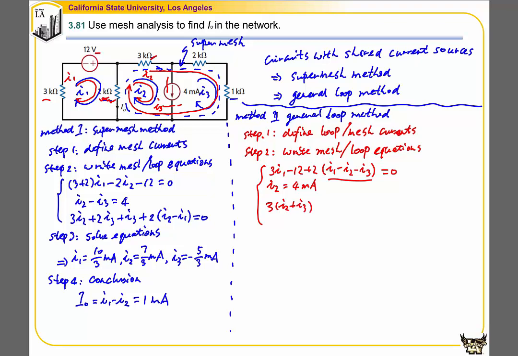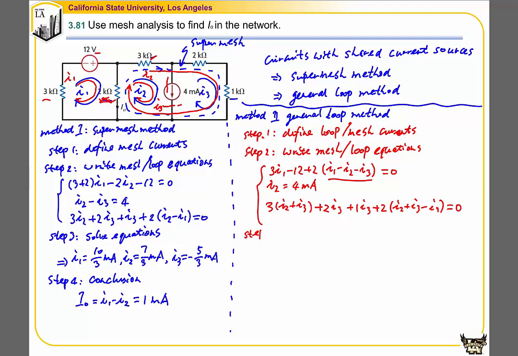The voltage drop on this 2K and 1K resistor is 2 times I3 plus 1 times I3, plus 2 times this 2K resistor times I2 plus I3 minus I1, that is equal to 0.